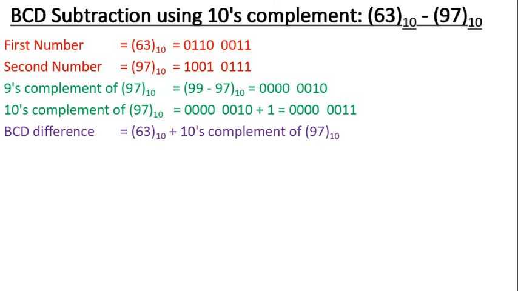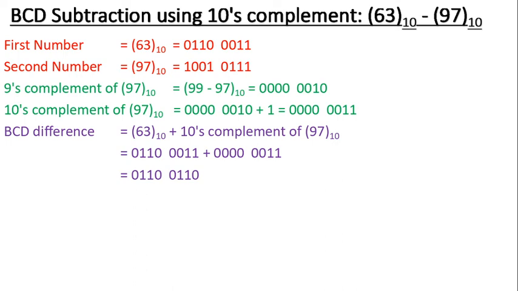So we rewrite 63 as it is, 0110 0011, plus the 10's complement of 97, which I have just now obtained, 0000 0011. This addition will take some time to carry out. So here is that result, which is equal to 0110 0110.